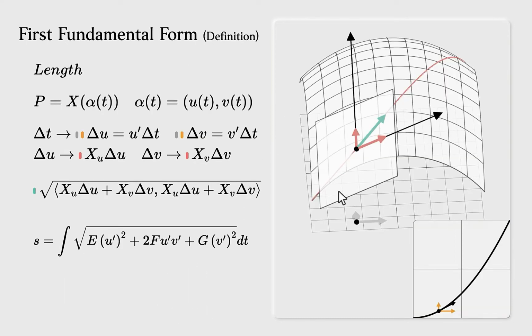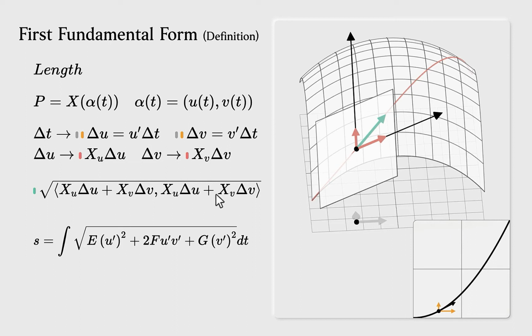First, we have alpha of t, a parametrized plane curve. Then we put it in x to have our curve on the surface. A little change in t makes a little change in u and v. On the graph, it's here and here.